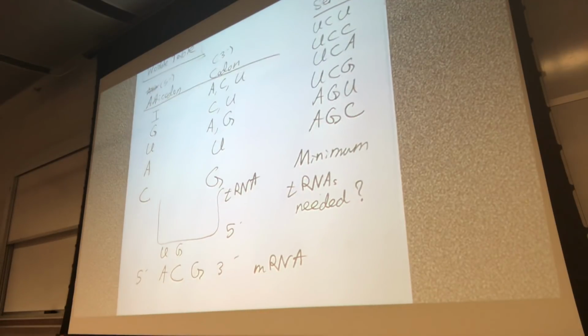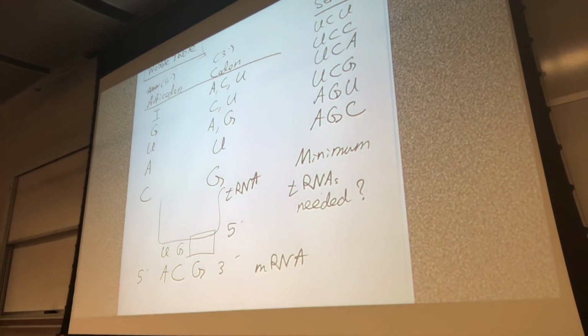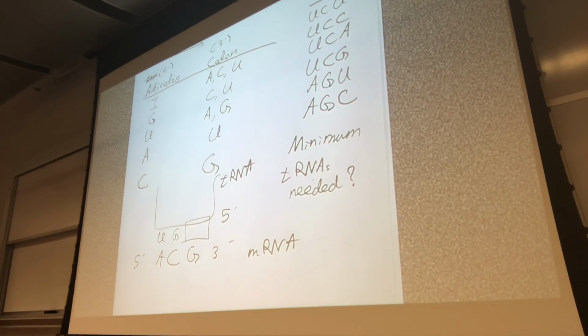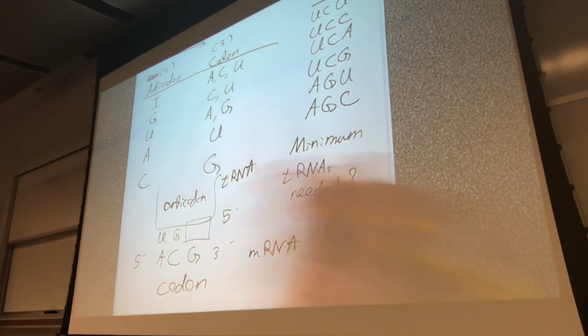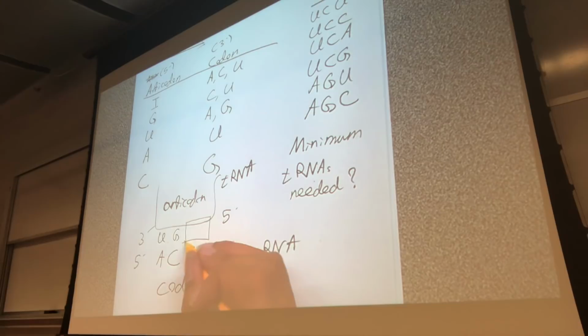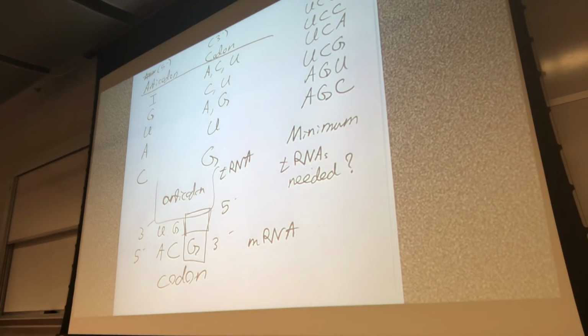The Wobble base pairing concept is the fact that the third base in the codon can sometimes undergo non-canonical base pairing with the first base in the anticodon. So this is the codon down here. This is the anticodon up here. And this base pairing can sometimes experience non-canonical base pairing.